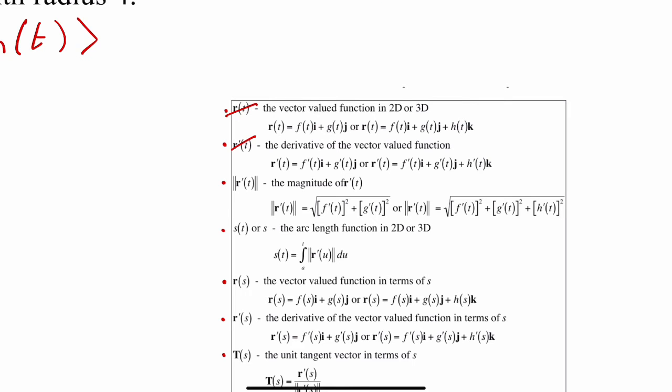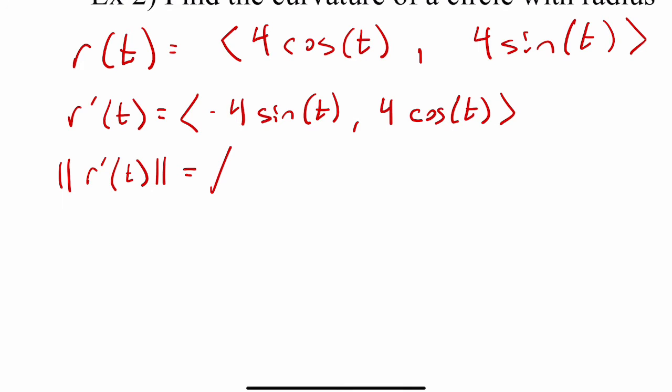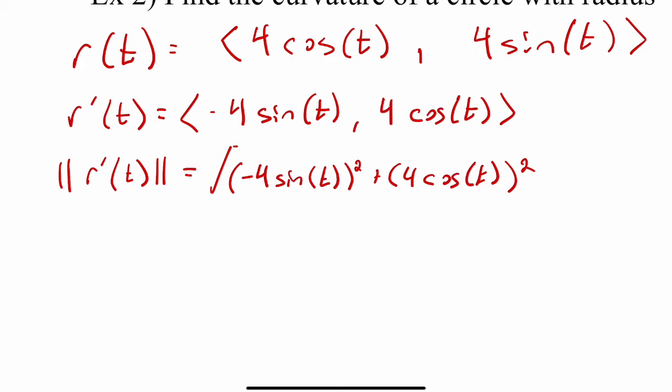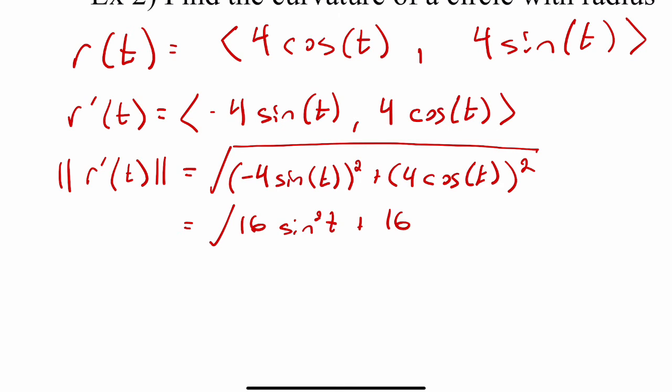Next, we need to find the magnitude of R prime of t. That would be the square root of negative 4 sine of t squared plus 4 cosine of t squared. That would give us the square root of 16 sine squared of t plus 16 cosine squared of t.